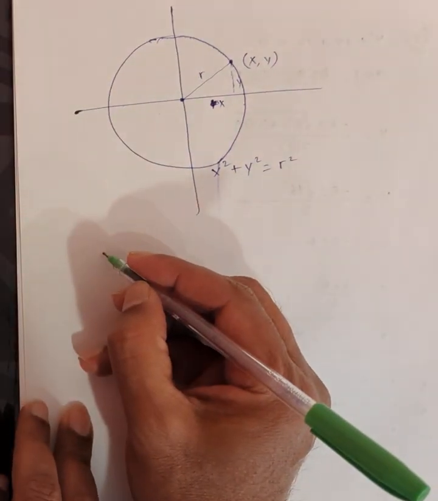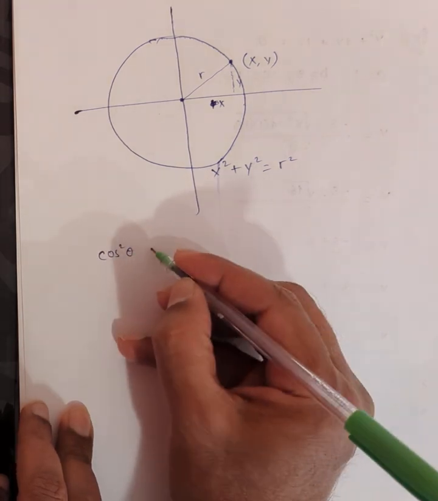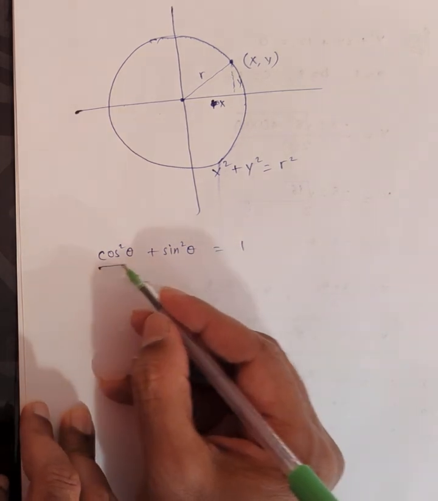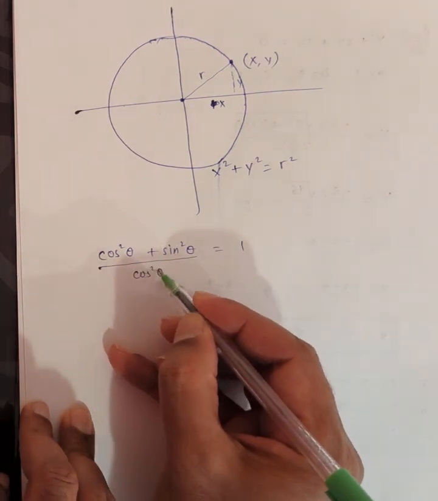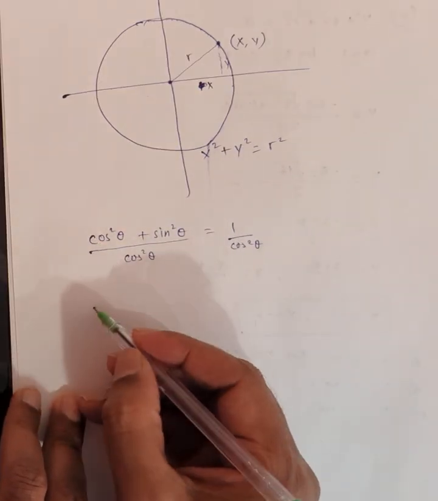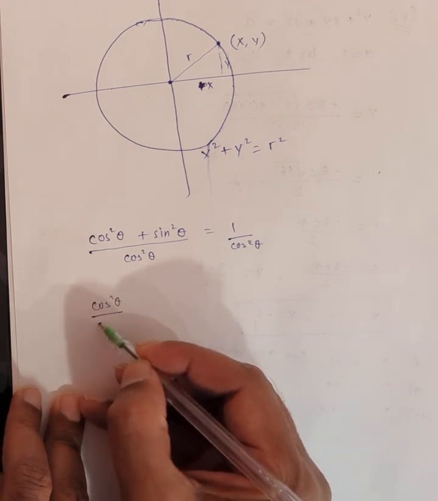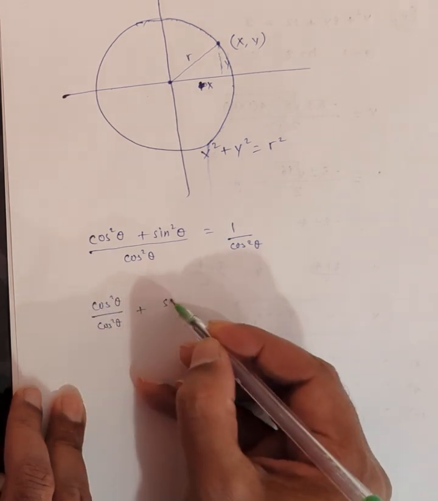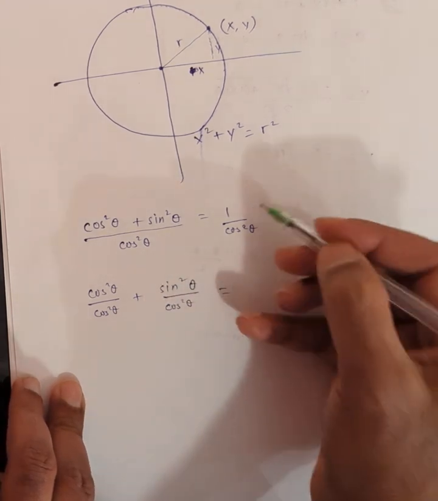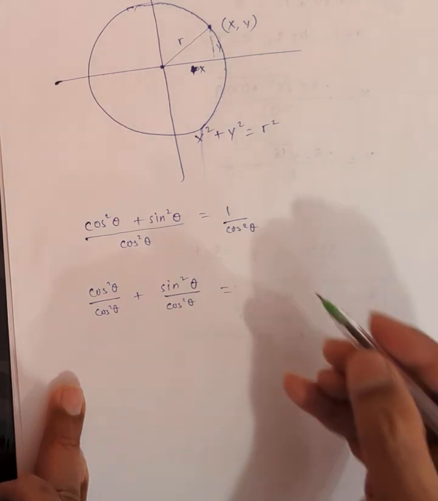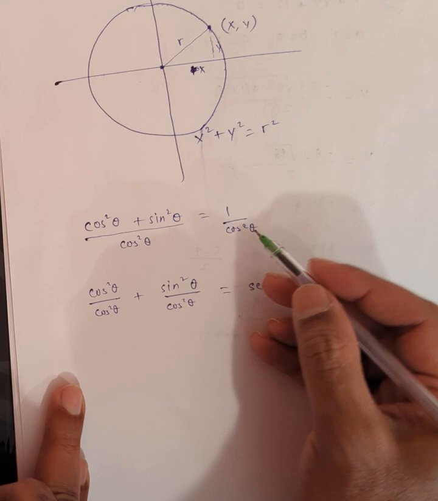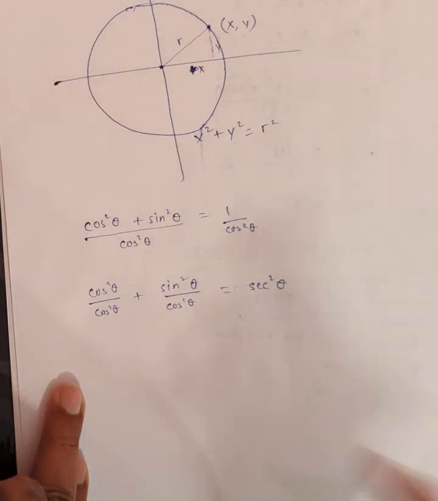Now let's look at that identity, cos square plus sine square equals 1. If I divide both sides by cos square theta, then the left side is cos square over cos square plus sine square over cos square, and on the right side, 1 over cos square is secant square theta, because this is the same as 1 over cos theta, squared.